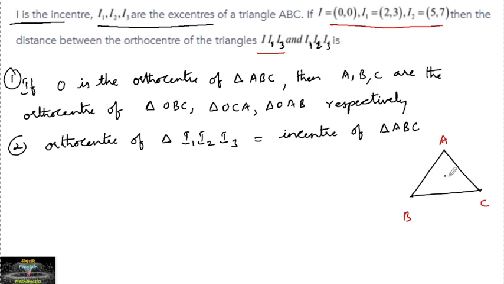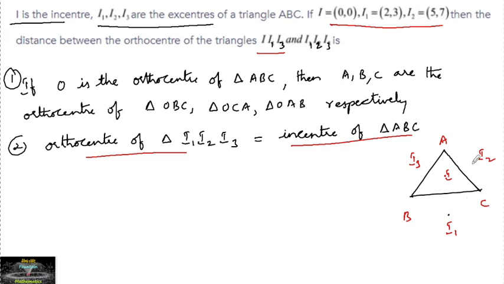Its incenter is given. Incenter of triangle ABC is the orthocenter of triangle I1, I2, I3. Suppose here I is the incenter and I1, I2, I3 are the excenters respectively opposite to that. So let me take I1 here, and here I2, and here I can consider I3.